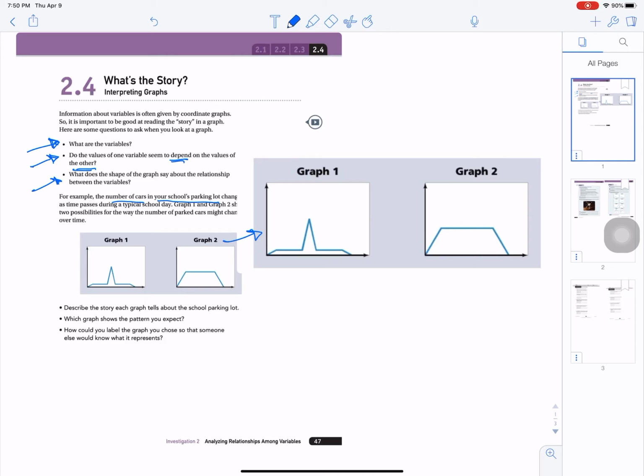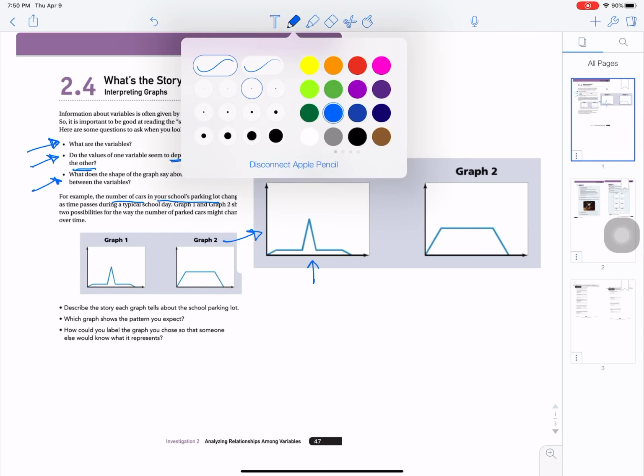So we have to describe the story each graph tells about the school parking lot, which graph shows the pattern we expect, and how could we label the graph so that we can tell everyone else what it's representing. All right, so this first graph, if I look at it, I'm going to use a different color.